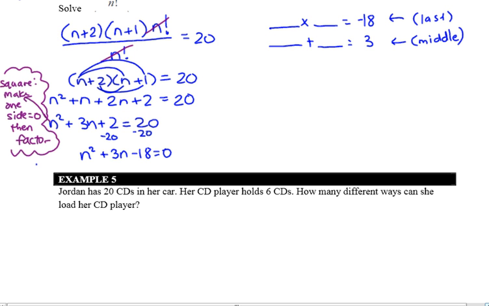Okay, so two numbers that multiply to 18, 6 and 3. Which one's going to be positive, which one's negative? So we want to multiply to a negative, but add to a positive. Negative 3. Now I would add to a positive 3 and multiply to negative 18. So what does it become in factored form?